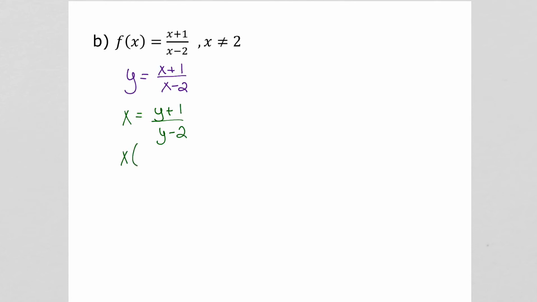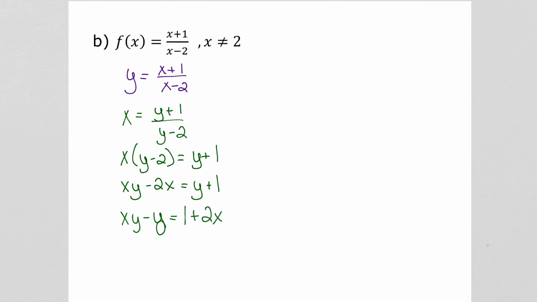So, multiply by y minus 2. We're trying to get y by itself here. Go ahead and distribute the x. And then we need to get the y's on one side and everything else on the other. So I'm going to subtract y from both sides. So I've got xy minus y on the left. And then add 2x, so I have 1 plus 2x on the right.